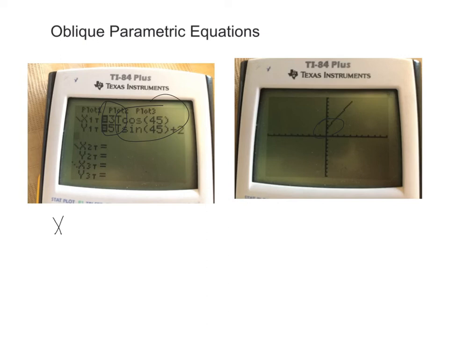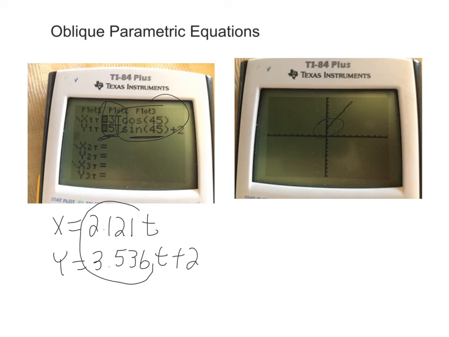So your equation x equals 3 times the cosine of 45, or 2.121 times t, and y would simplify into 5 times the sine of 45, which is 3.536 times t plus 2.